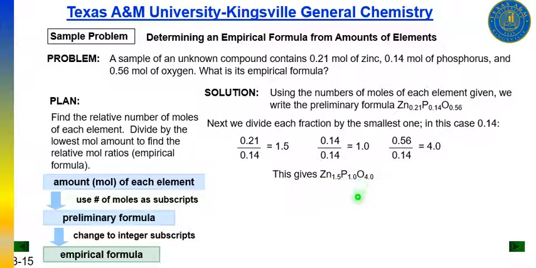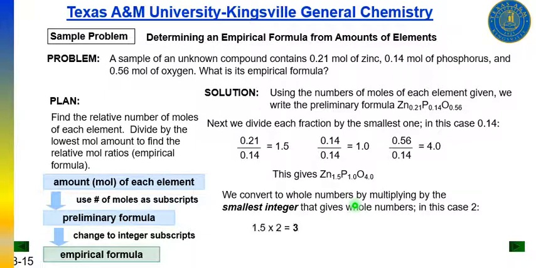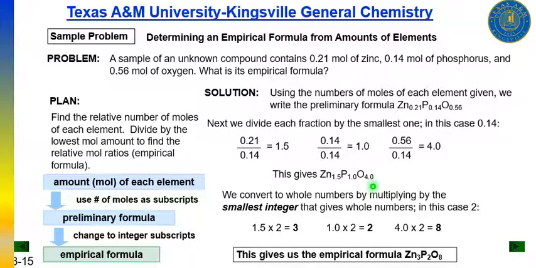This 1.5 needs to be converted to a whole number by multiplying by 2. Therefore, all of these atoms are going to be multiplied by 2. So you have zinc, 1.5 multiplied by 2 is 3. Phosphorus 1.0 times 2 equals 2.